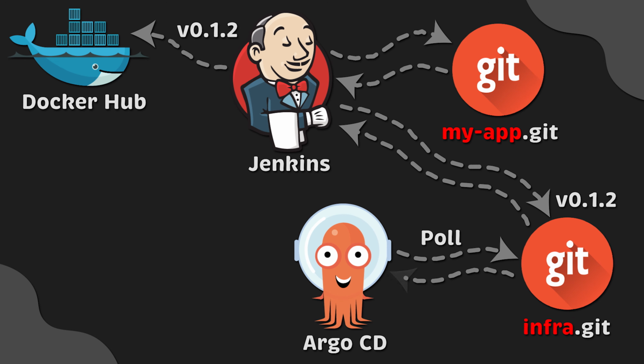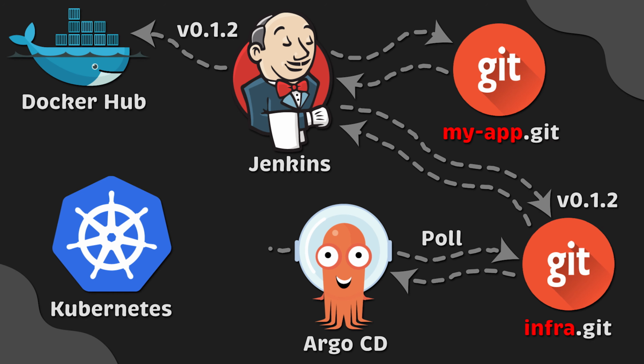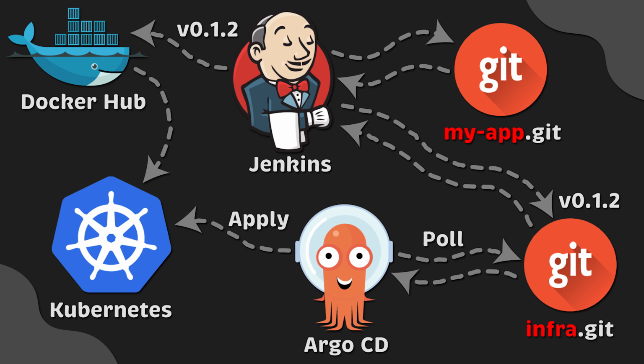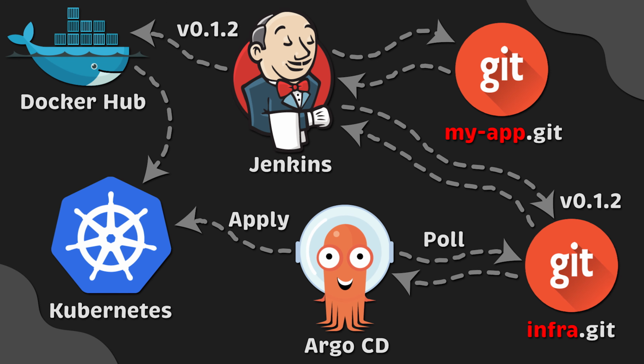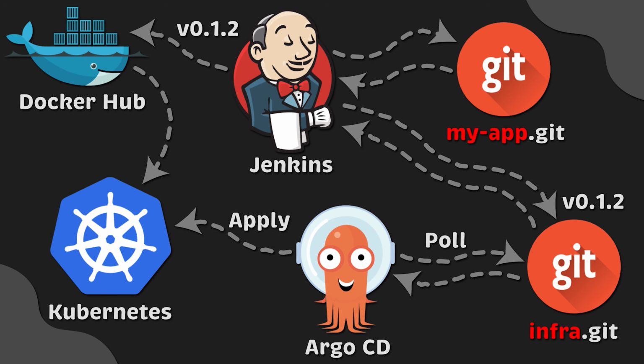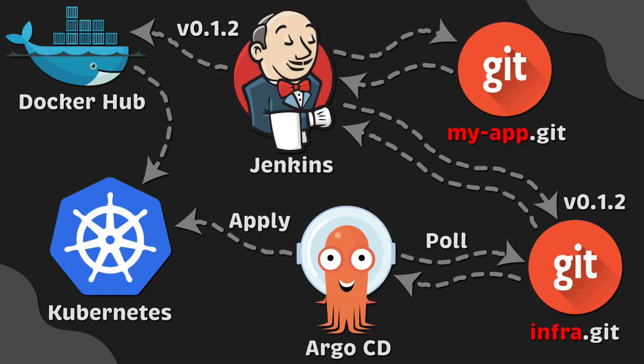When ArgoCD detects a change, it clones the repository and applies the updates, usually with kubectl apply or Helm upgrade, depending on what you're using. This process is referred to as continuous delivery when every change made to the application's source code results in a deployment in some environment. Typically, continuous delivery is used in development and staging environments. However, in production, manual approval is still necessary before deploying any changes.